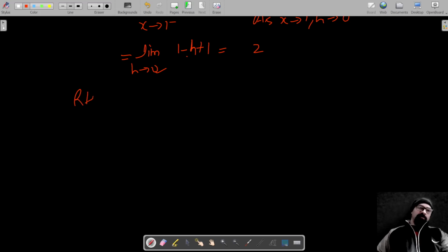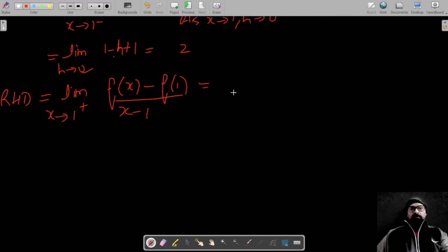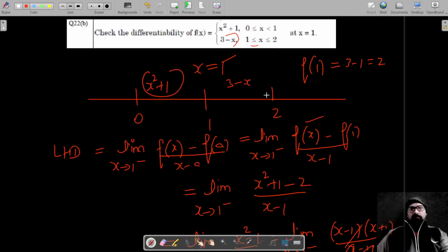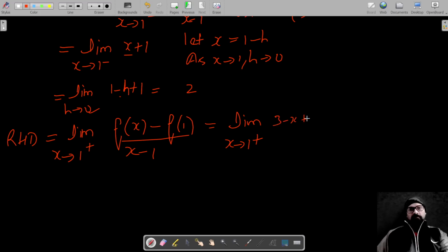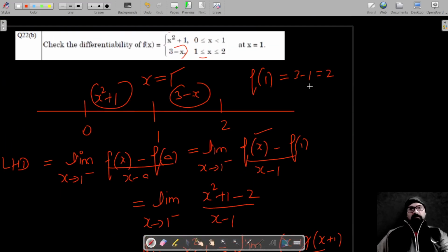Now let's find the right hand derivative, which is equal to limit x tends to 1 plus, f of x minus f of 1 upon x minus 1. So this is limit x tends to 1 plus. Now f of x for values greater than 1 is 3 minus x, and the value of the function at x is equal to 1 is 2.